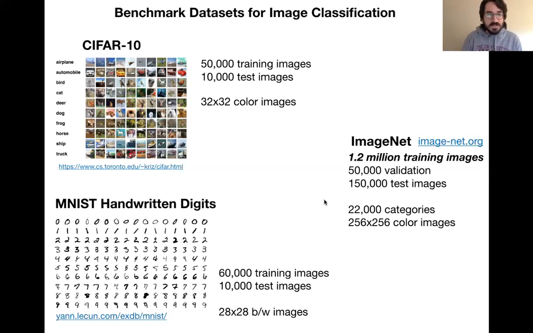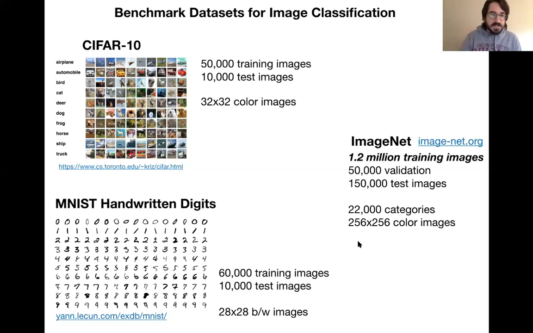Okay, so way more than just the 10 in CIFAR-10. 22,000 categories, much bigger images as well, 256 by 256. And in this data set, you have 1.2 million training images to train on. And that's a huge number, and that actually informs the training algorithm that you'll use for this kind of benchmark.